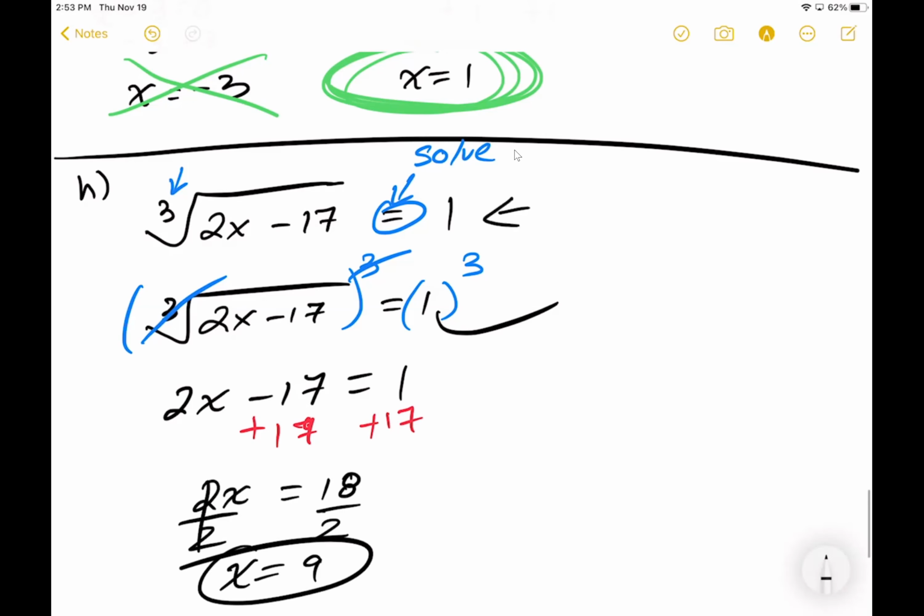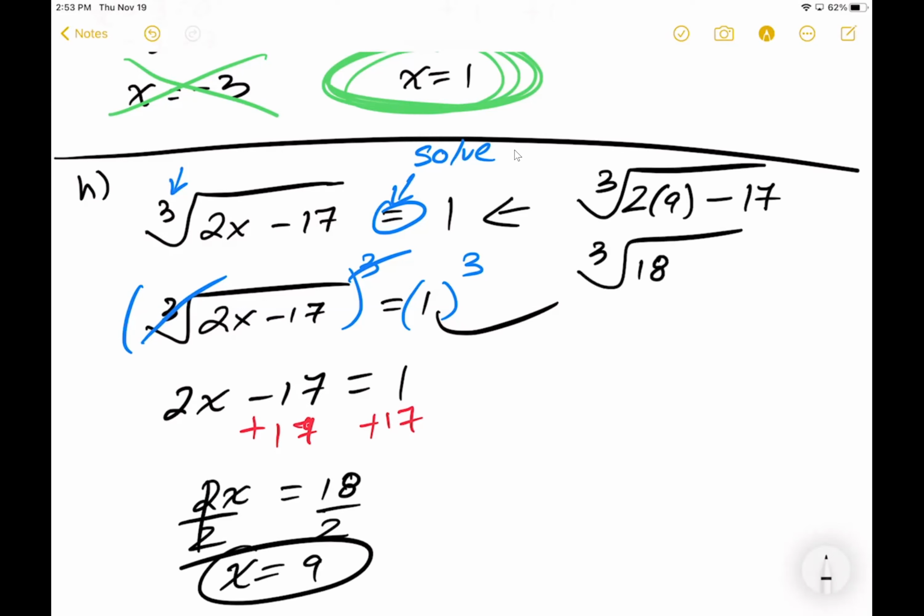Well, we could check if we want to, right? What is 2 times 9 minus 17? Do you agree that 2 times 9 is 18, and 18 minus 17 gives you 1? And do you agree that the cube root of 1 is equal to 1? So we check it out. We know that this answer works.